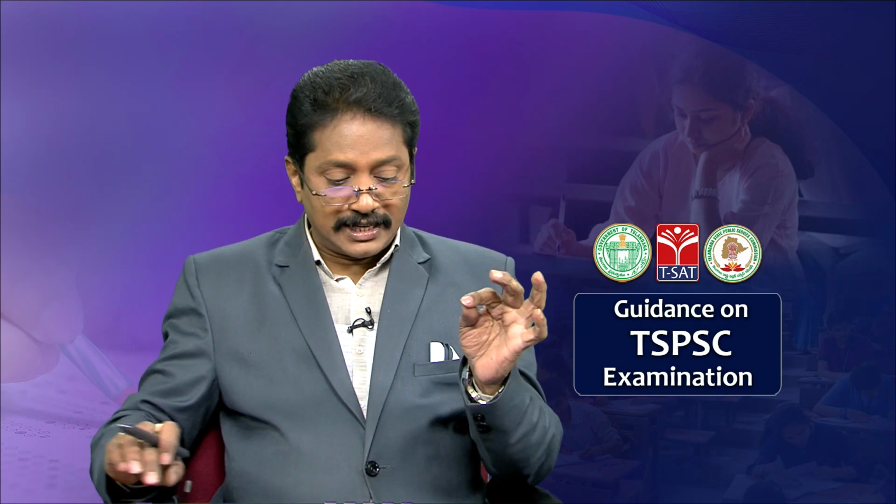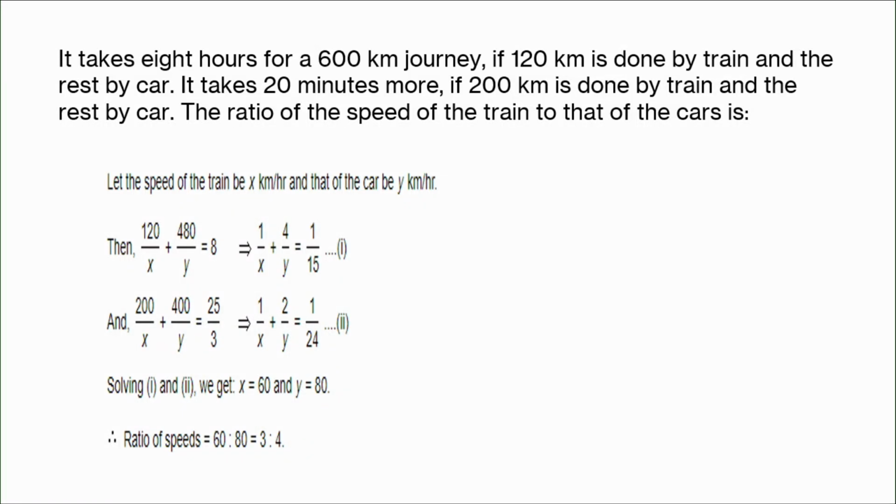Finally, one question is given: it takes 8 hours for a 600 kilometers journey, 120 kilometers done by train and the rest by car. It takes 20 minutes more if 200 kilometers are done by train and the rest by car.